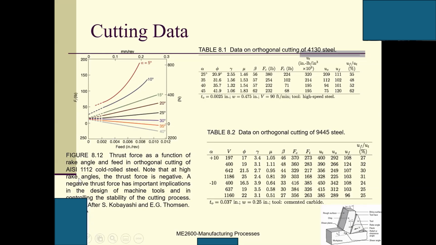Note that at a high rake angle, which means the tool is sharper, the thrust force is negative. A negative thrust force has important implications in the design of machine tools and in controlling the stability of the cutting process.